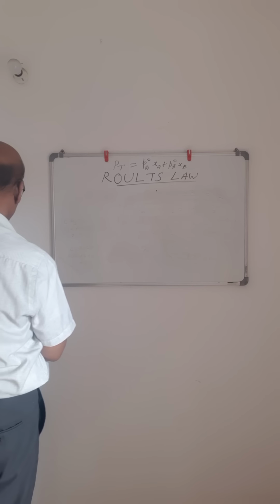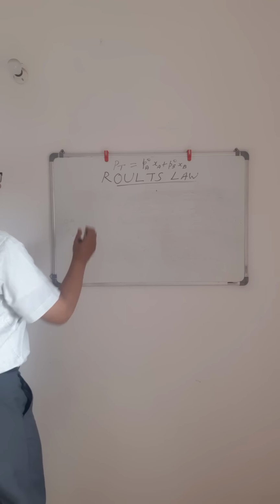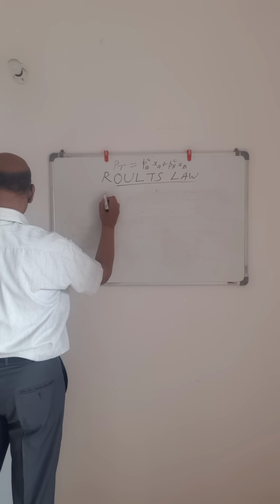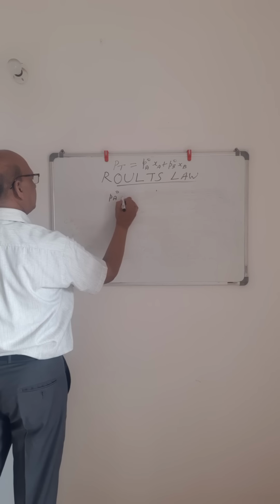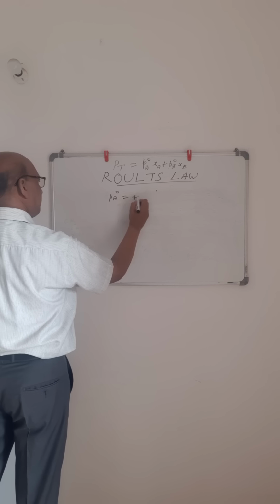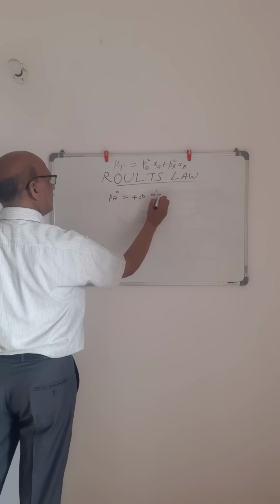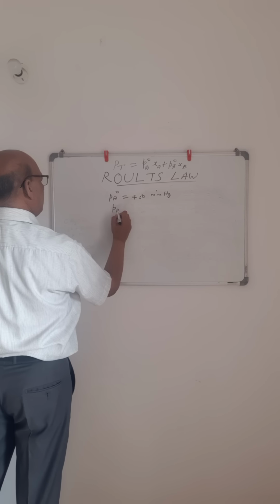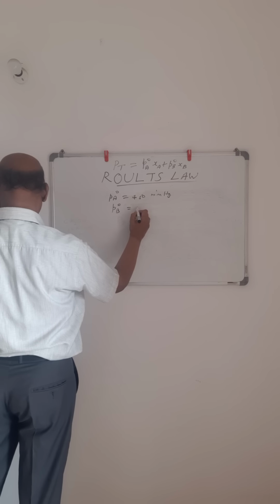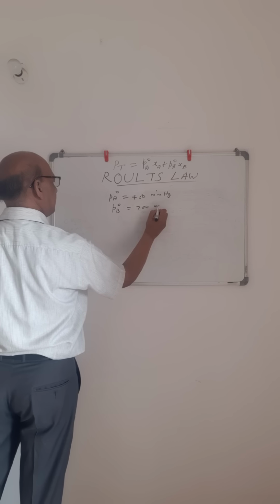The second example says that they have given the vapor pressure of pure A and B, that is PA naught is given as 450 mm of Hg and pure B vapor pressure is given as 700 mm of Hg.